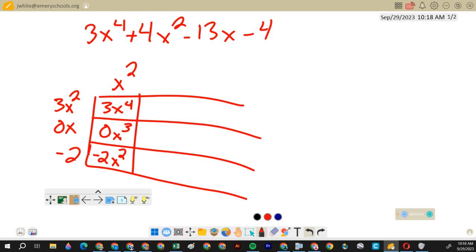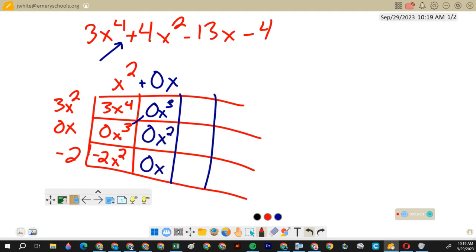All right. Now we add a column. These need to add up to be 0x to the 3rd. Do you see how it's missing? There's no x to the 3rd there.